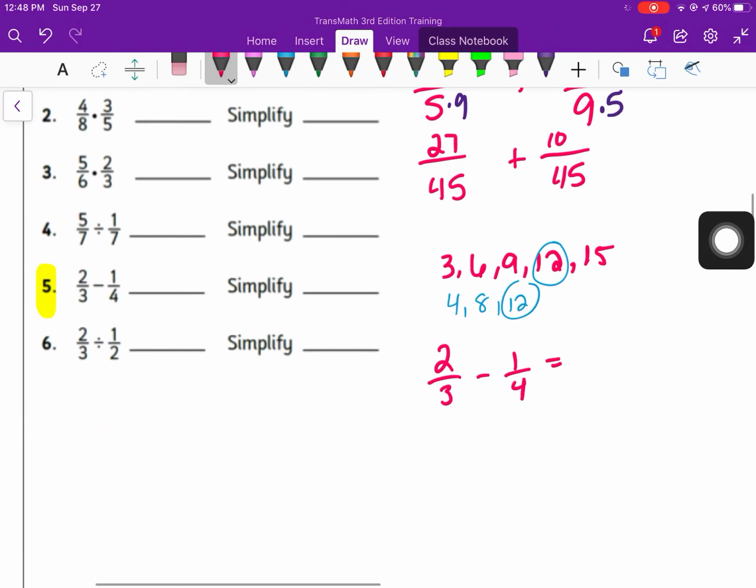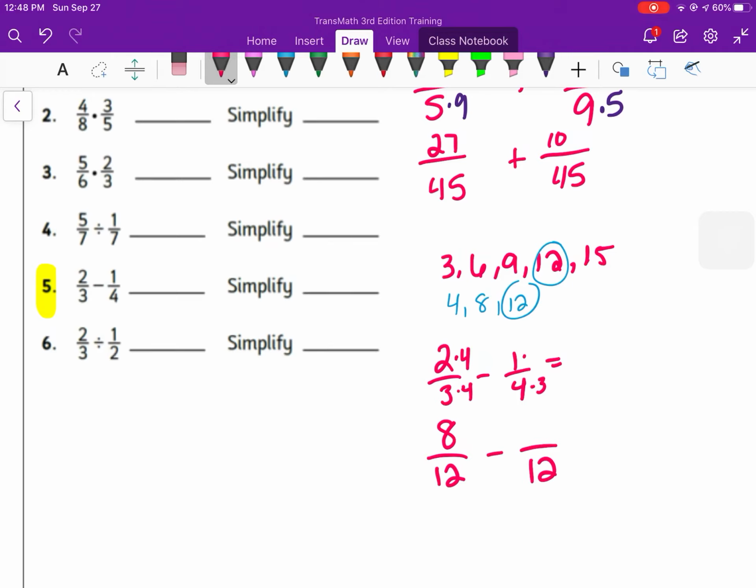So 2/3 minus 1/4 is really going to be: 3 times 4 is 12, so 2 times 4 is 8. So 2/3 is the same thing as 8/12. And then to change 1/4 into 12ths, 4 times 3, so 1 times 3 is 3. So 8/12 minus 3/12 is 5/12.